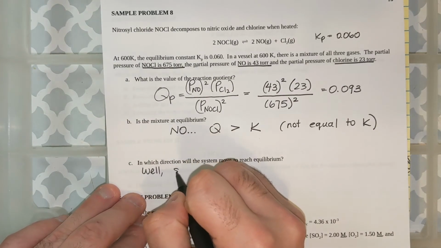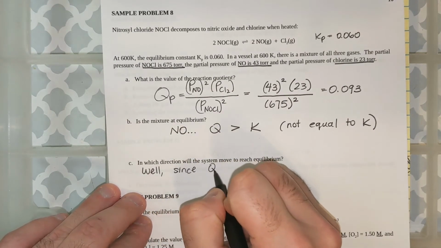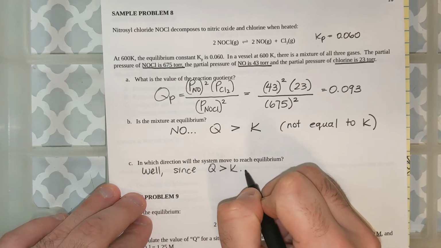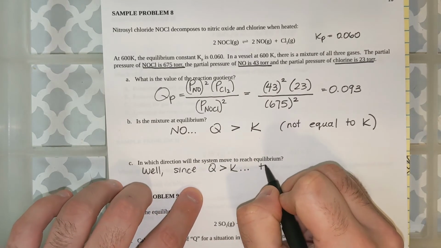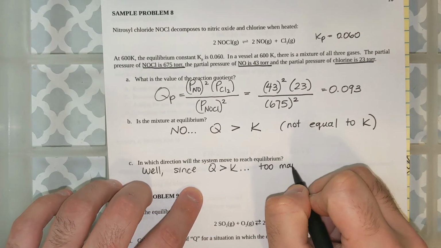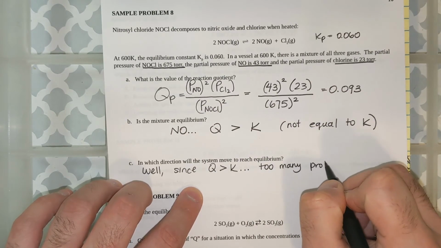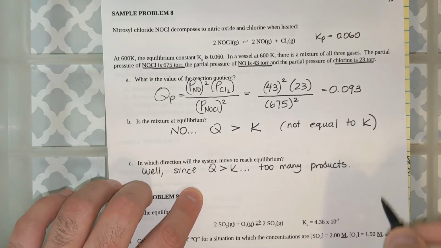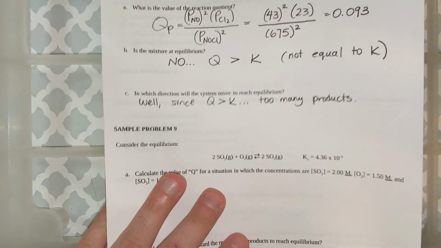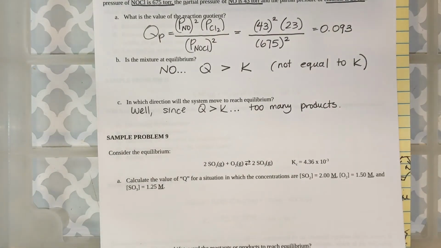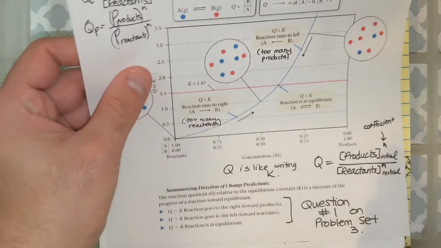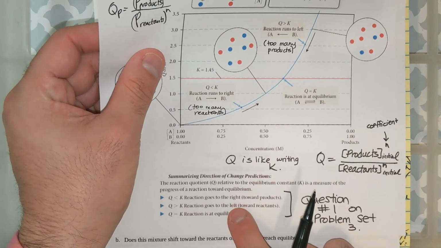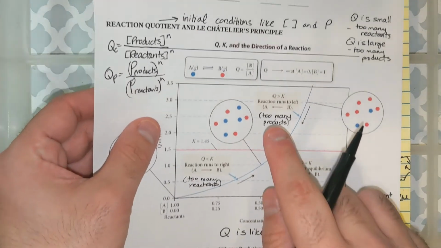Well, since Q is greater than K, I have too many products. That means I have too many products, and I've got to shift that back. And if you look on the page before, if Q is greater than K, the reaction is going to go to the left, towards the reactants.